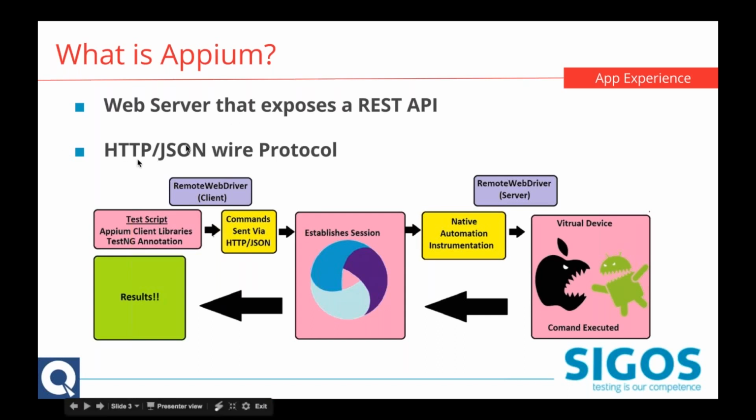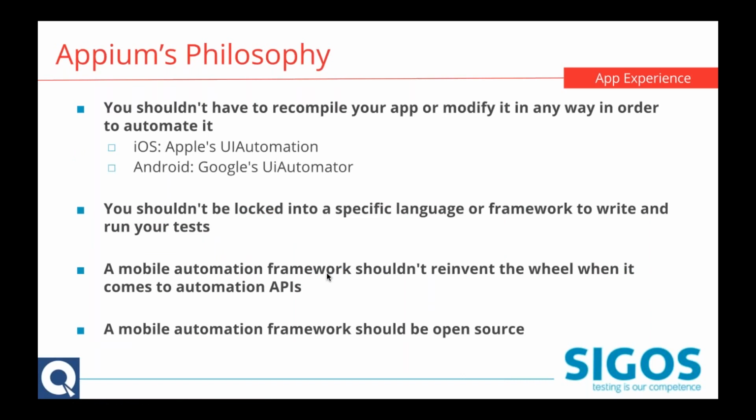This would be done with the Selenium Grid to execute tests in parallel. Right now, exactly what we're doing is SIGOS App Experience is responsible for starting the Appium session, selecting the device, and conducting all the functions right on their server.